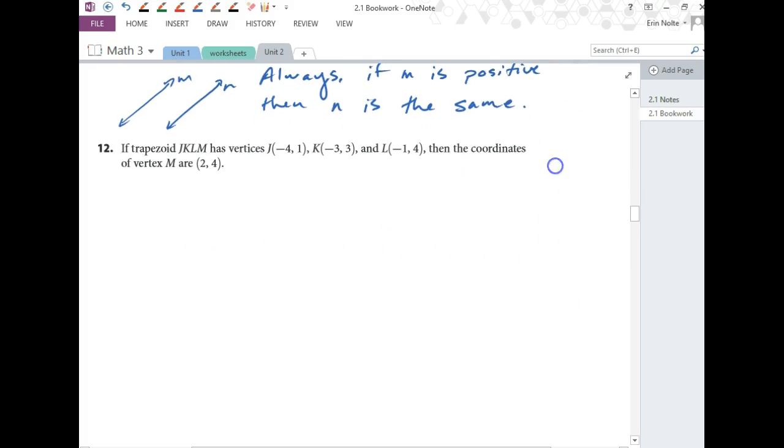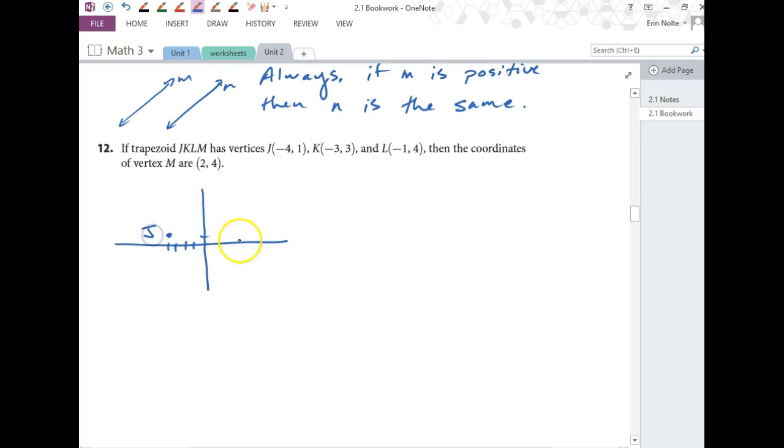All right, number 12. Okay, so we have trapezoid JKLM with those vertices. Then the coordinates of vertex M are 2, 4. Okay, so we're going to prove if that is true or not. So I'm going to draw a picture. Maybe you guys can look at that and just know. But I'm kind of a visual learner. So J would be -4, 1.